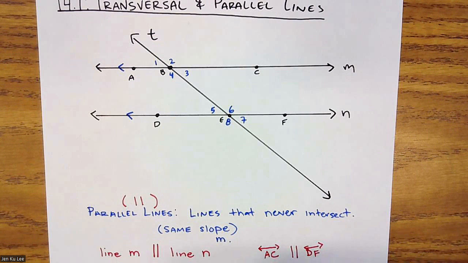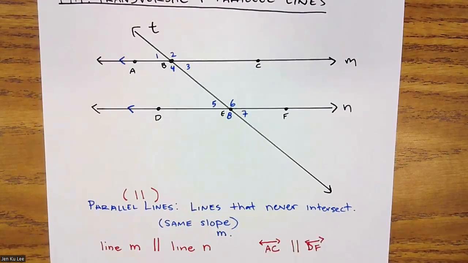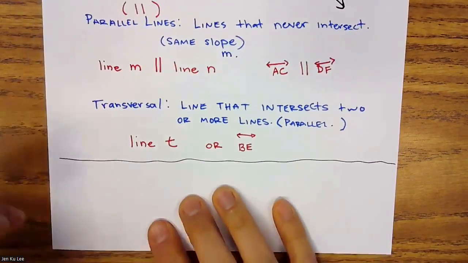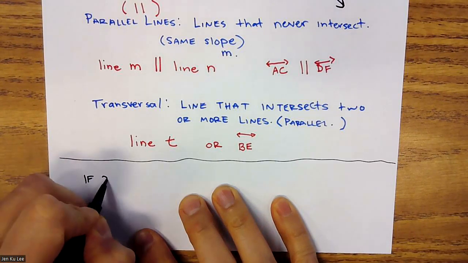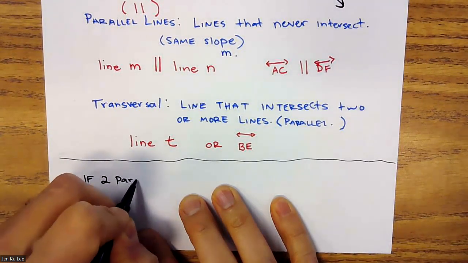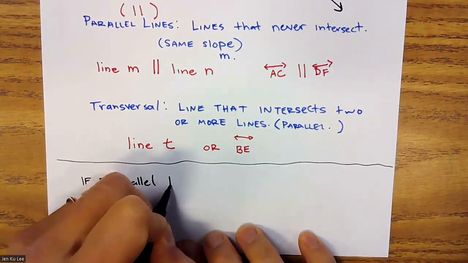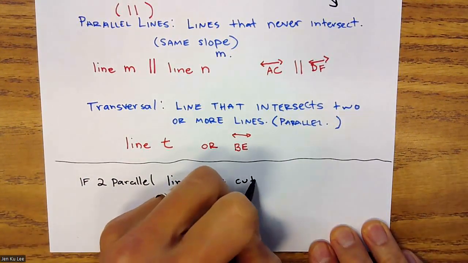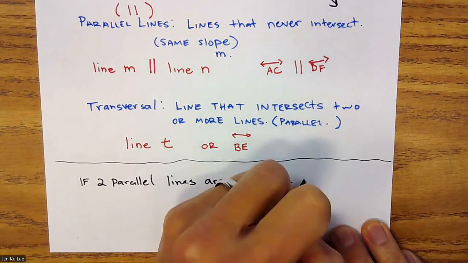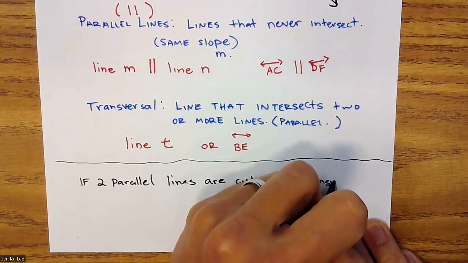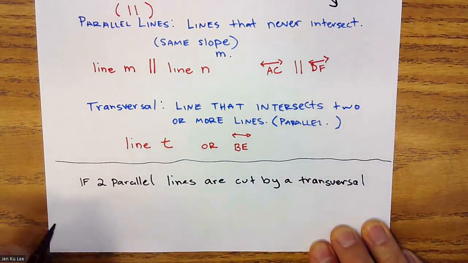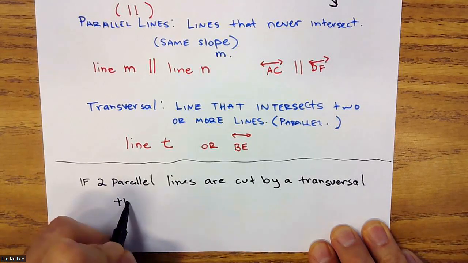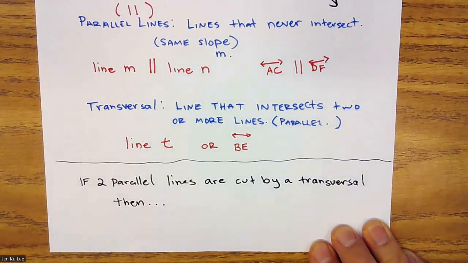But before we do start, the rule for today, okay, the if statement is: if two parallel lines are cut by a transversal, then dot, dot, dot.